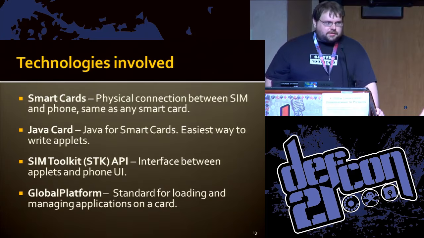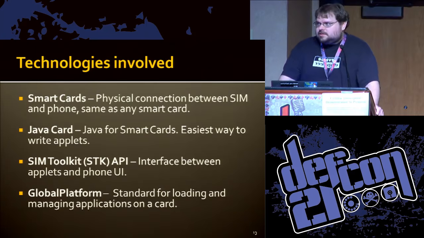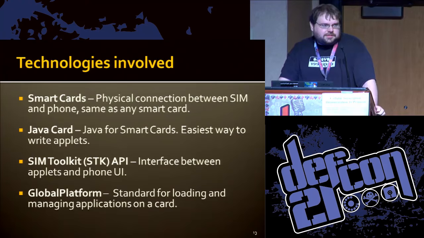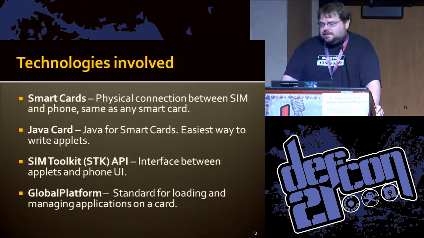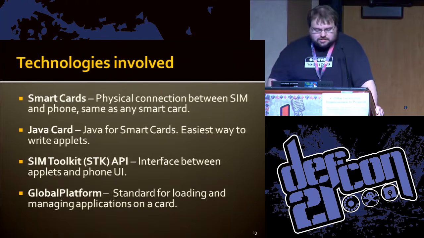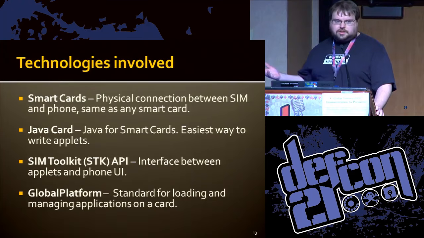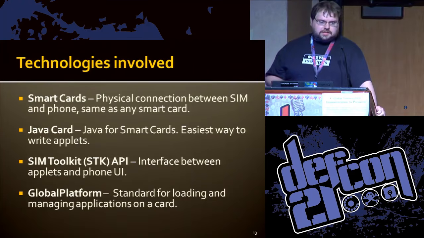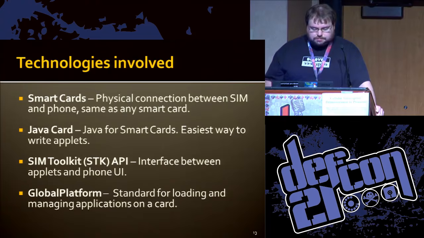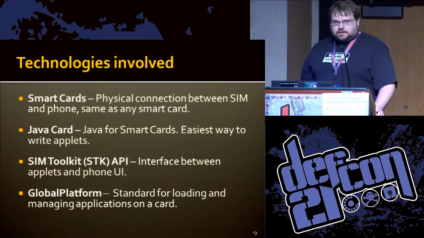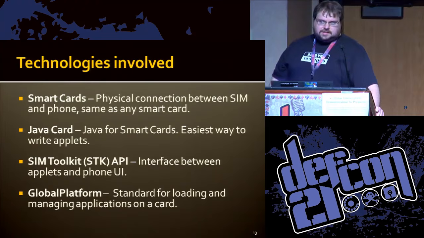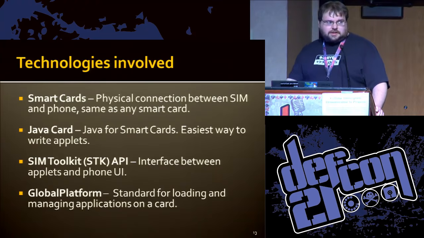All right, so how do these applications actually work? So with any good telco technology, it is a maddeningly complex stack of technologies. At sort of the bottom layer is the smart cards themselves, which SIM cards are a particular type of. There's Java Card, which came out of Sun in the late 90s, which lets you write smart card applications with a variant of Java.